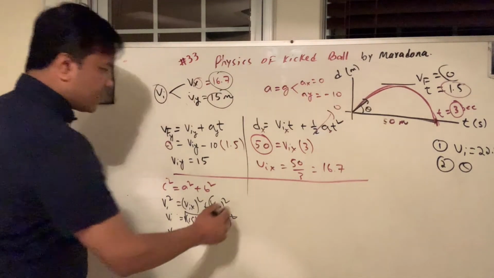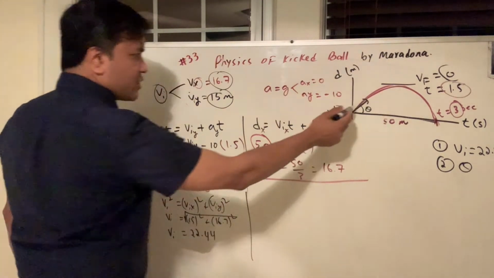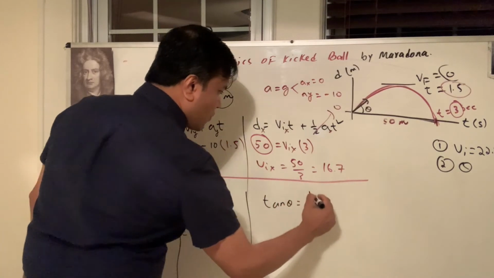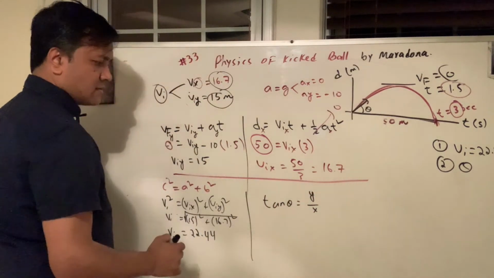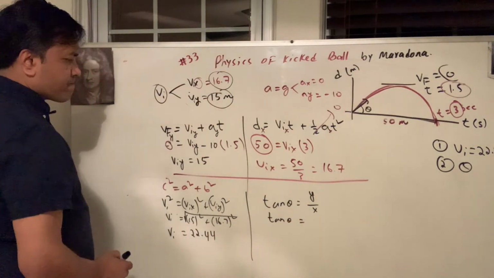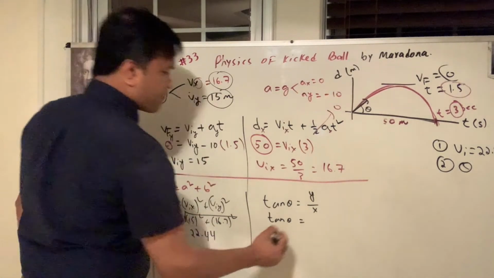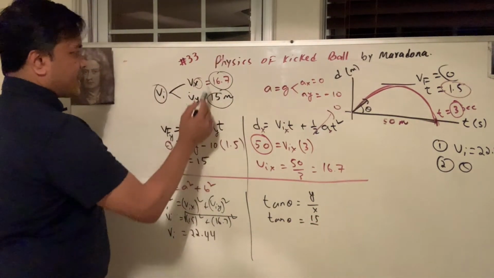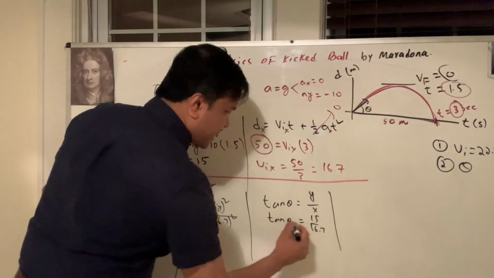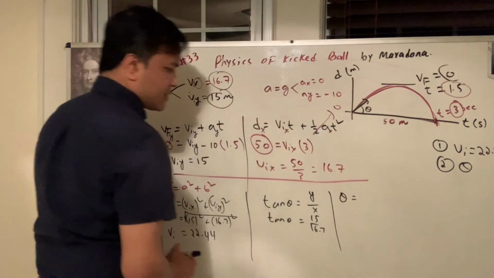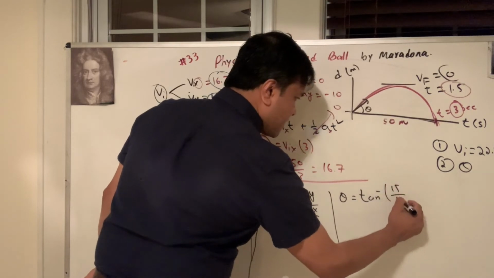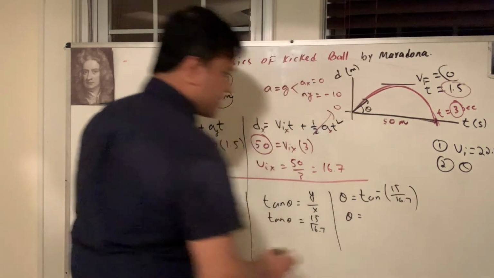Now we're going to find the angle, theta. We know that tangent theta is equal to y over x. So tangent theta is equal to y, which is 15, over x, which is 16.7. So theta is the inverse tangent of 15 divided by 16.7.